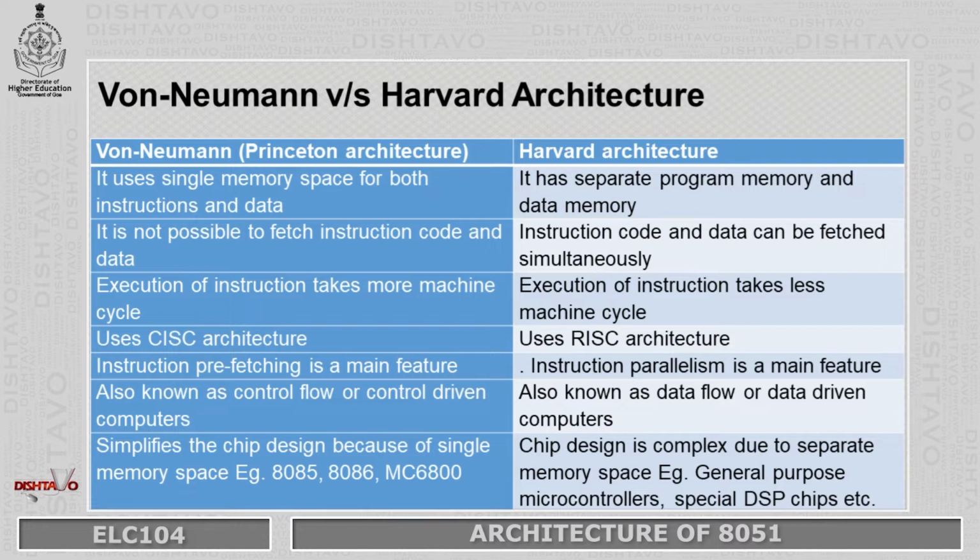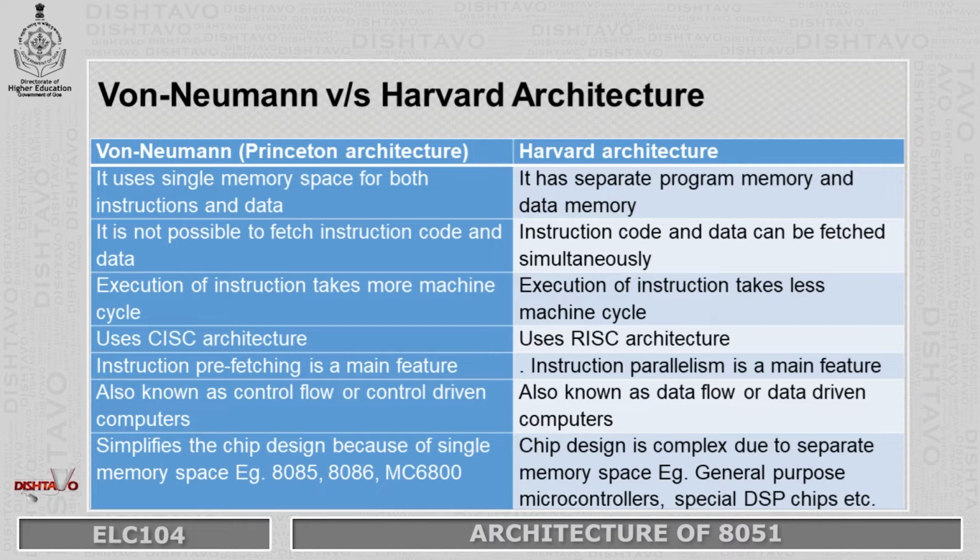Von Neumann basically uses a CISC type of architecture, that is complex instruction set computing, whereas Harvard basically uses a RISC type of architecture, that is reduced instruction set computing. In case of von Neumann, instruction prefetching is a main feature, whereas instruction parallelism is a main feature in Harvard architecture.